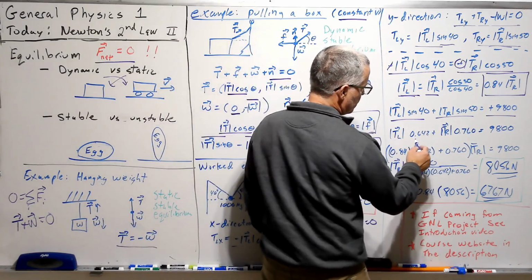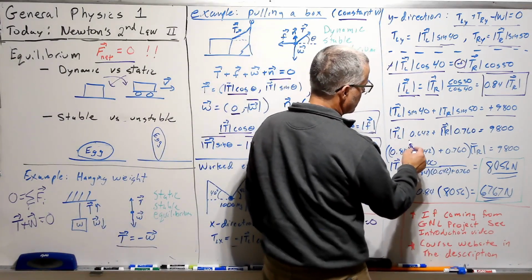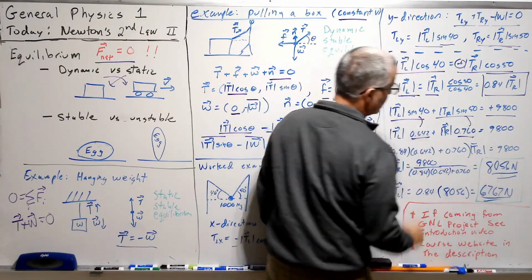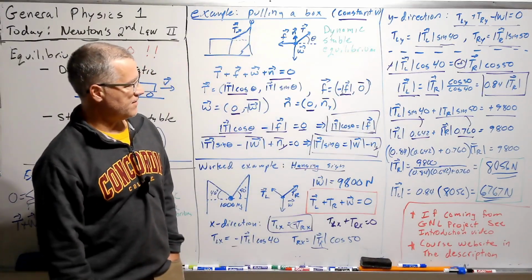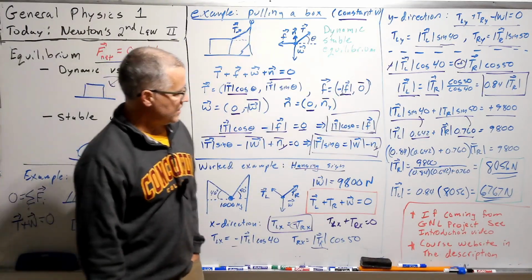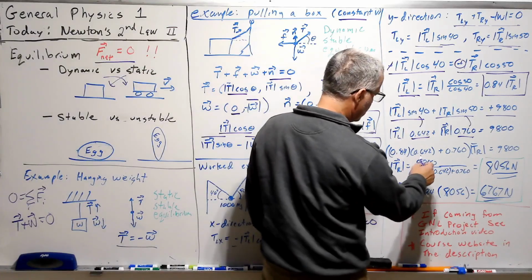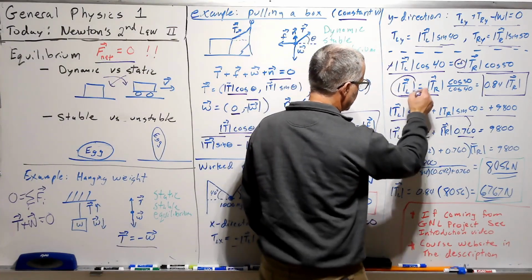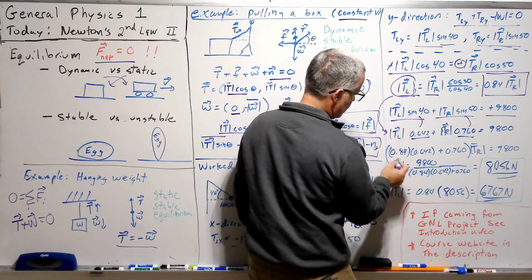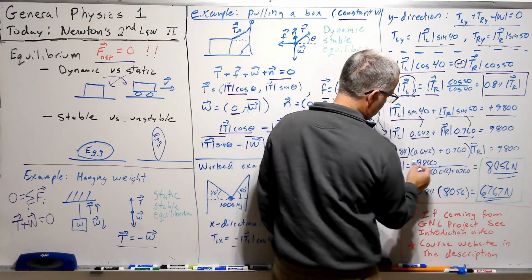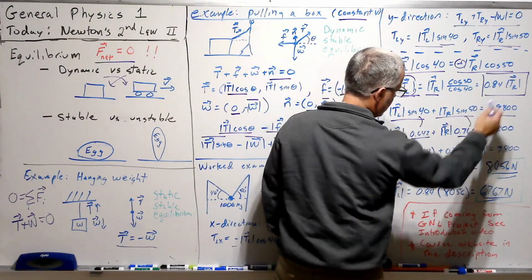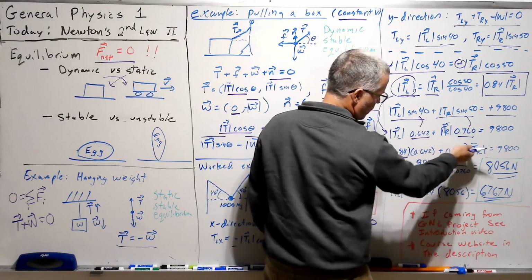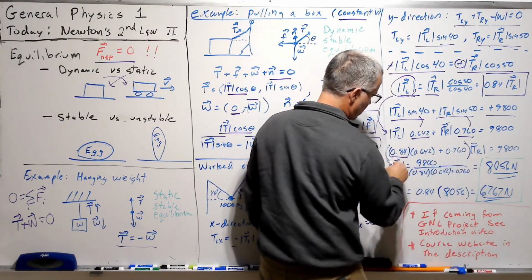Now I'm going to take and get the numerical values for sine 40 and sine 50. And then I'm going to replace this right here. So there's my 0.84, TL. There's a TR here. So I'm going to pull that all the way out, distributing this out.